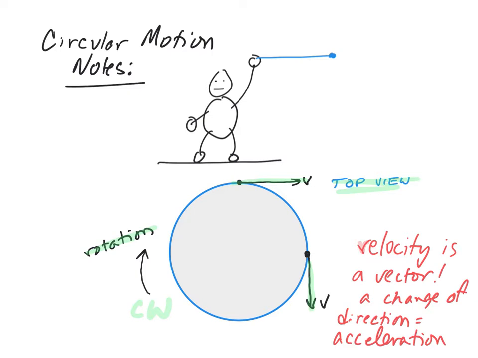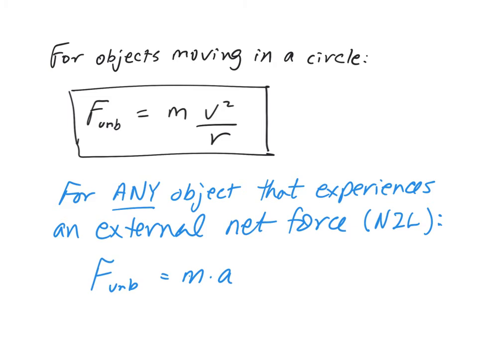On the Zoom call today, we figured out from the three different experiments done with that apparatus, and I gave you the data for that and you analyzed it, that the unbalanced force is related to the square of the speed.